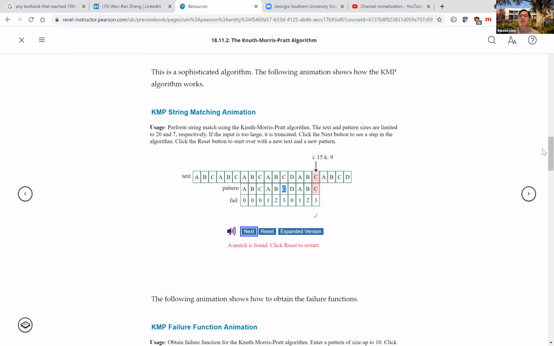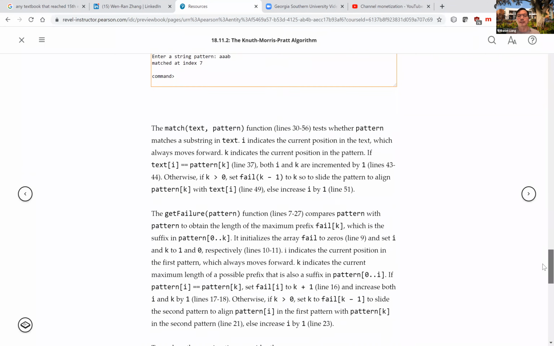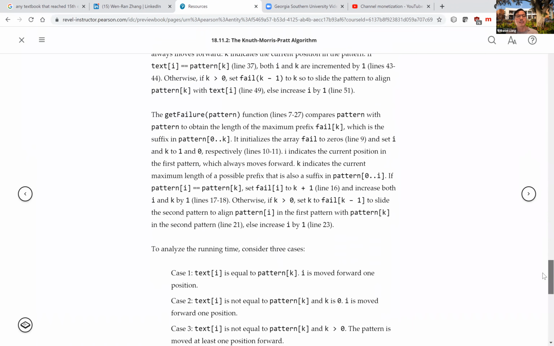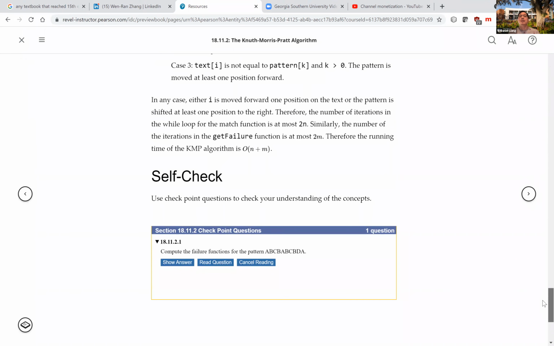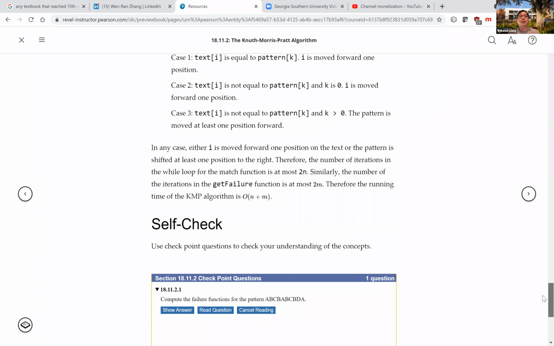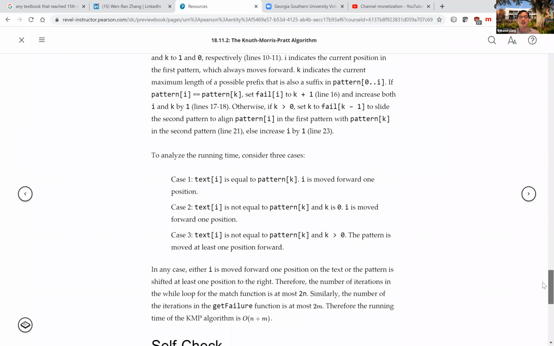Eventually, the time complexity is O(m + n). I'm going to leave the detailed analysis and the algorithm for you to study. Please take your time to look at this algorithm.